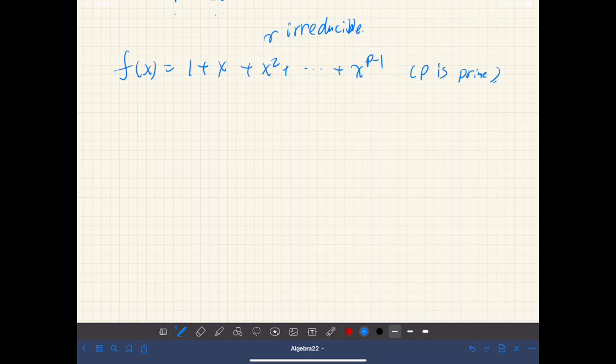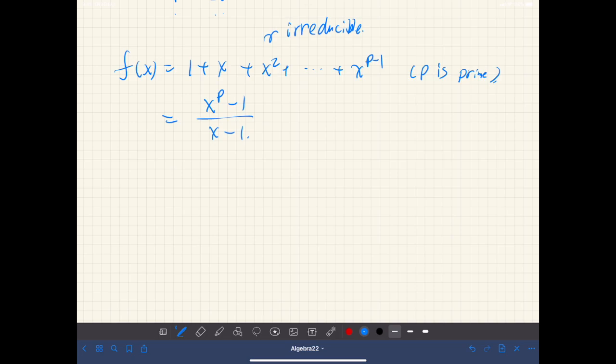To see this, we can calculate this summation by regarding this as a geometric sequence. We can prove that this is equal to x to the power of p minus 1, divided by x minus 1.